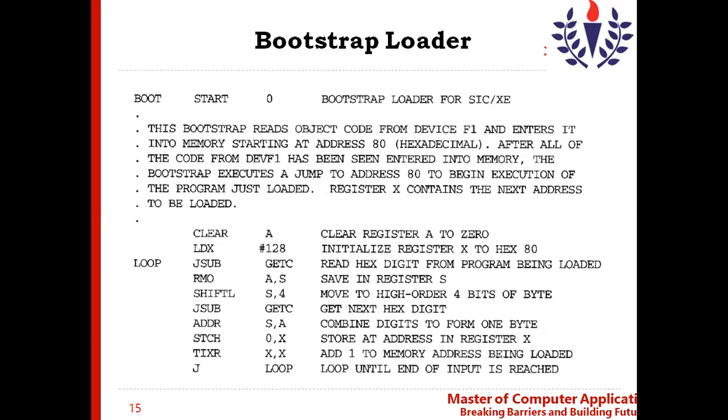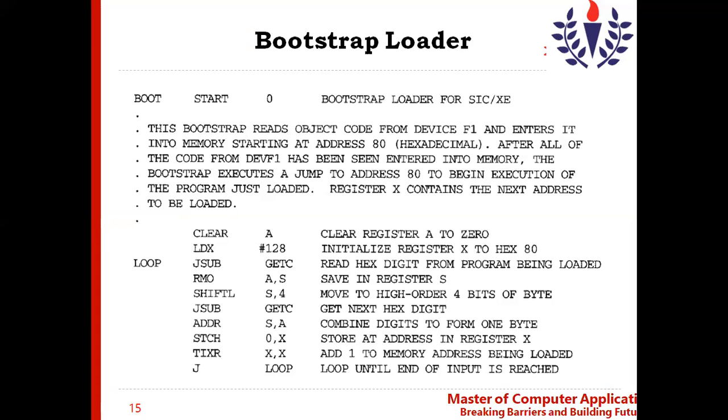So when you call the GETC subroutine, it reads a character that needs to be loaded, and that will be stored in the accumulator. So the accumulator has the character now.